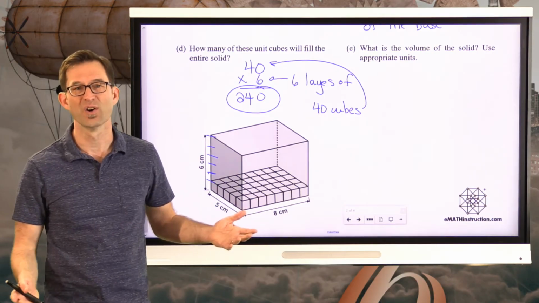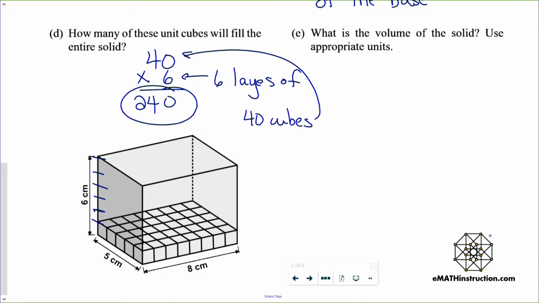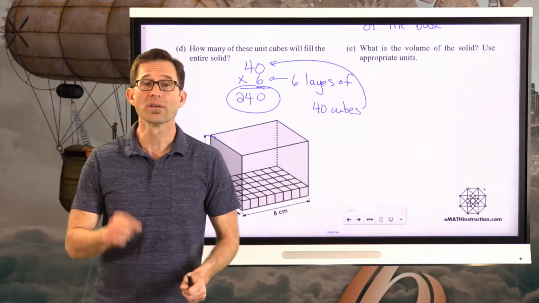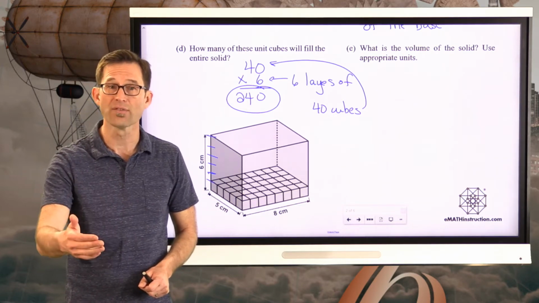So letter E, what is the volume of the solid? Use appropriate units. Well, we already have it, because volume literally is how many unit cubes fit inside of a solid.